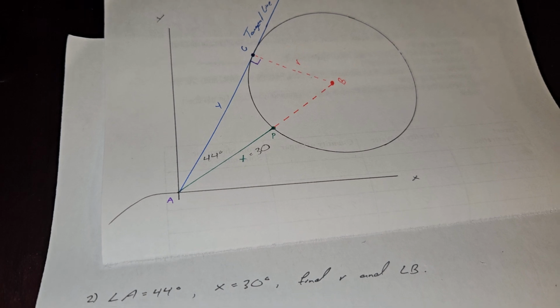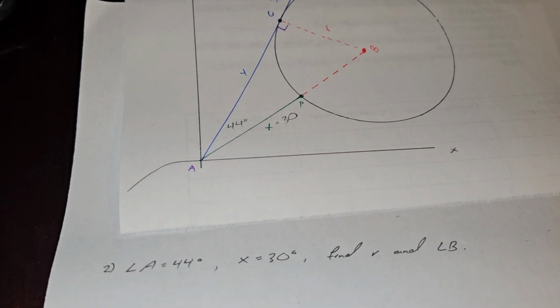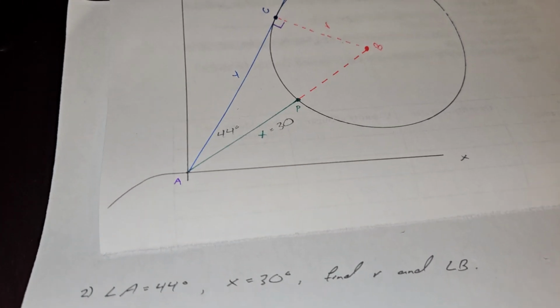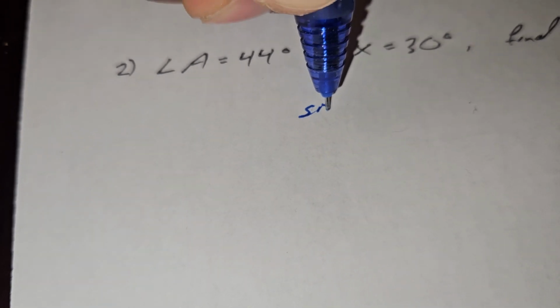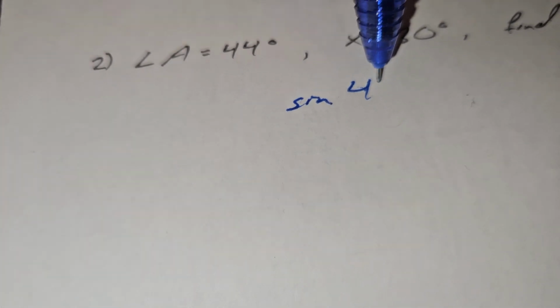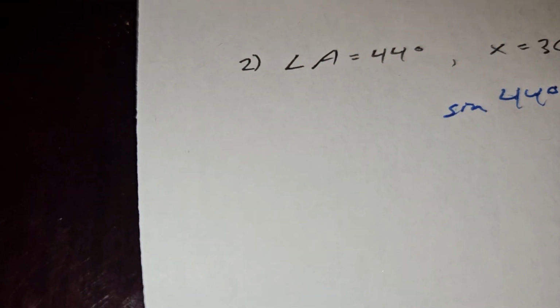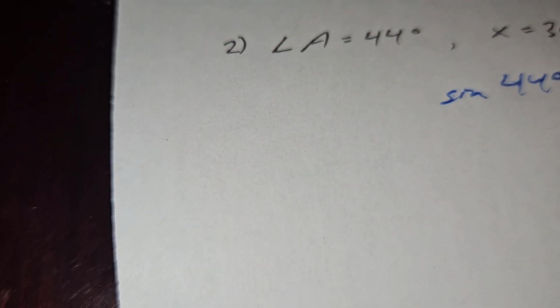Sine is opposite over hypotenuse, SOHCAHTOA. So we're gonna again use sine of 44 degrees. Remember, this is our angle. Sine of 44 degrees is equal to the opposite of 44 degrees, that's r, over the hypotenuse.